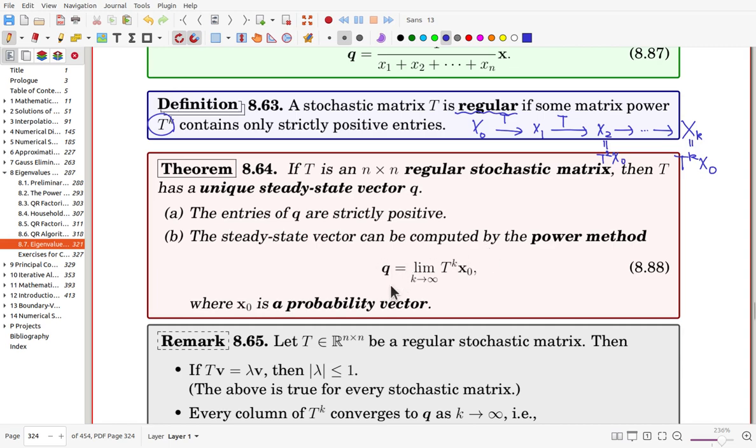But the convergence means that there is no other eigenvalue having length 1, so that we have this convergence to the unique steady state vector. Once the matrix is regular, it is guaranteed mathematically.